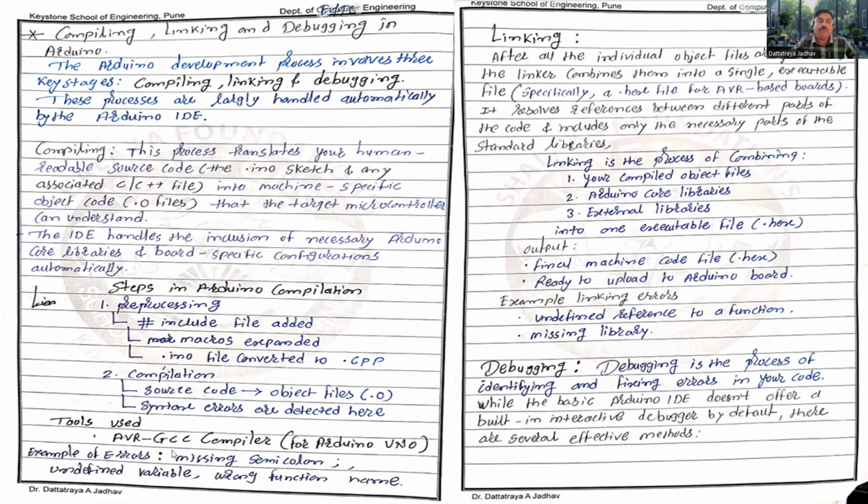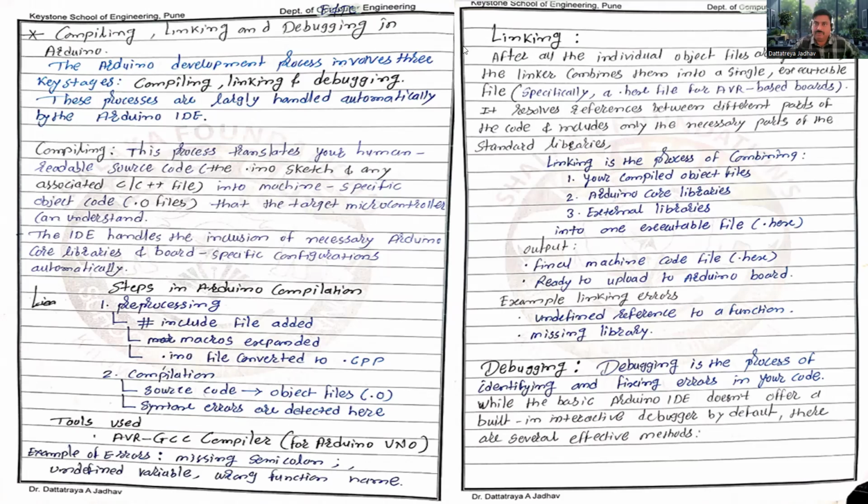For this, we use the AVR GCC compiler for the Arduino Uno board. Some examples of errors are missing semicolons, undefined variables, and wrong functions, which can possibly occur.